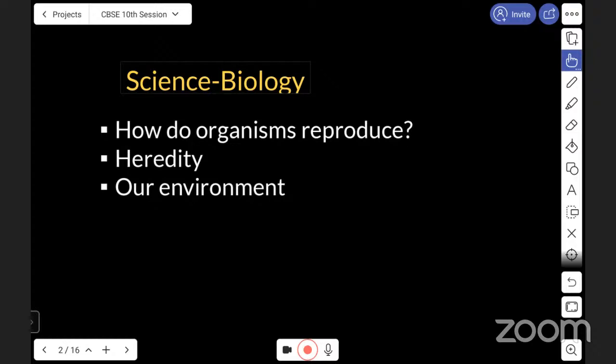Also, in the heredity chapter, make sure you practice all the different types of crosses, monohybrid and dihybrid crosses. The ratios should be found out carefully. If you are asked to find out some ratio or the percentage of a particular offspring, pay attention to the question properly.